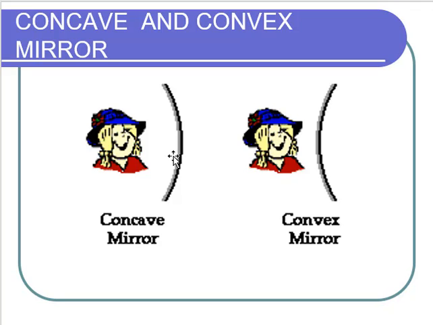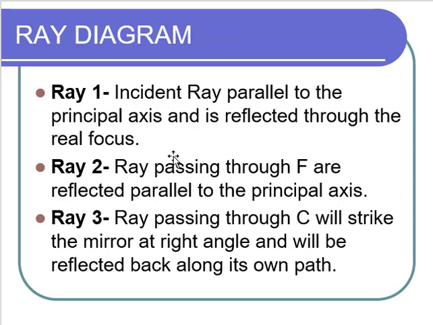Now, there are two ways to identify where the image will be located. We have ray diagramming, and we can also use the mirror equation. If we will use the ray diagrams, we will follow the following rays. Ray 1, you have to draw this one: the incident ray parallel to the principal axis and is reflected through the real focus.